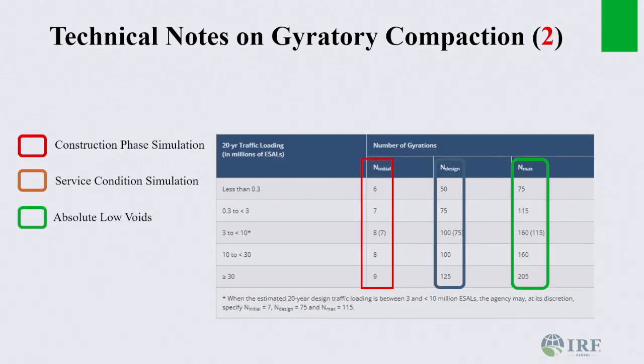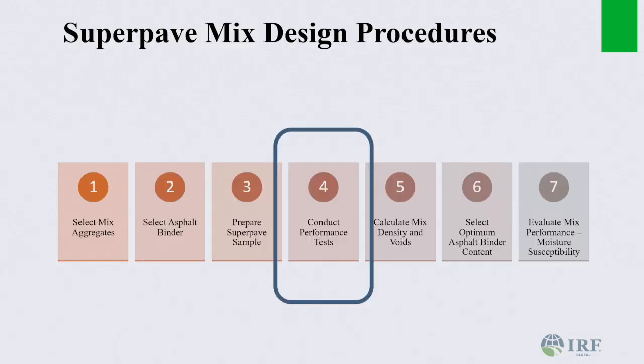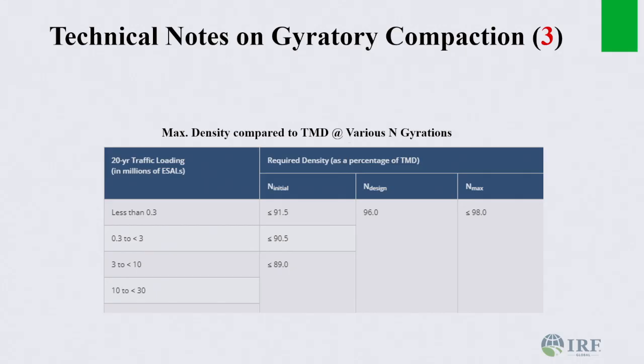So this is basically what I was talking about, the N max, N design, and then the N initial. And in each and every one of them, you then determine the air voids. So now we can use this to determine, based on the load category, the number of ESALs. If it's less than, say, 3 million, the chart gives the possible values over there.